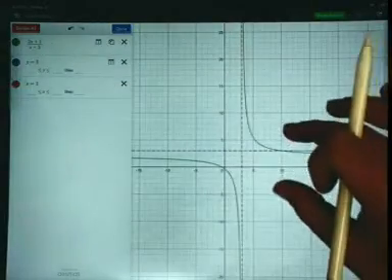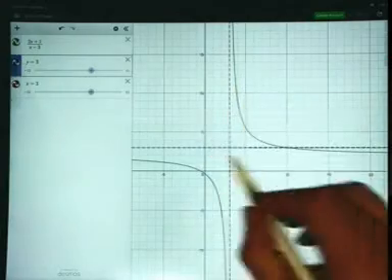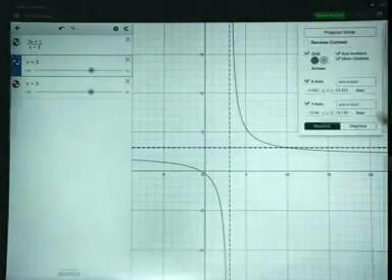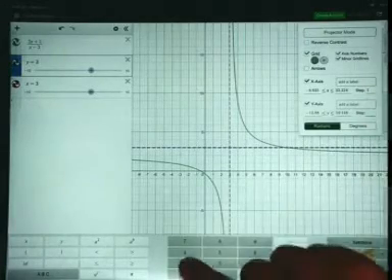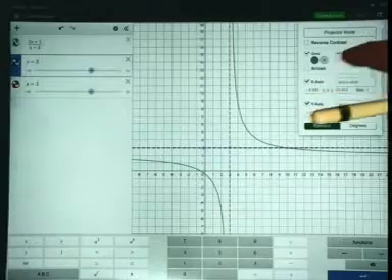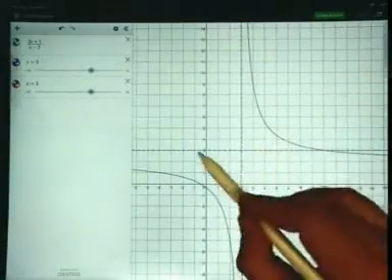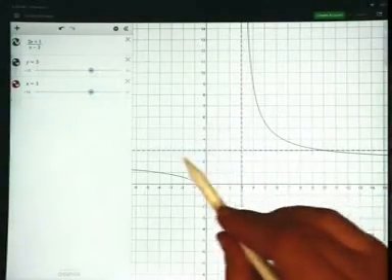Alright, so check this out. This purple line right here represents y equal to 3. In fact, let's get rid of those minor grid lines. There you go. We can see this graph. This purple dotted line represents y equal to 3.